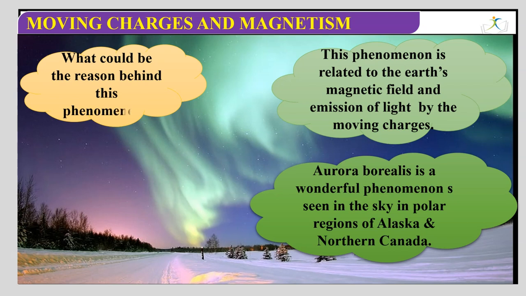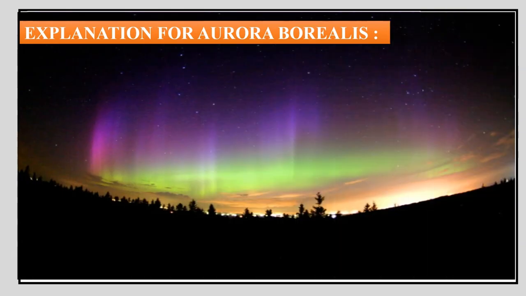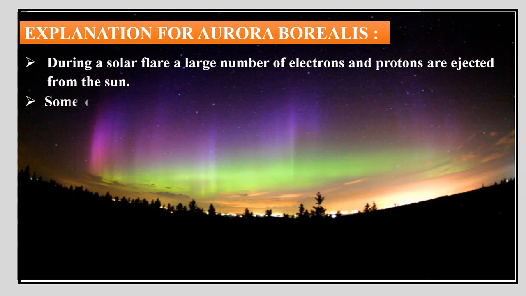What could be the reason behind this phenomenon? Do you want to know? When you read the NCERT, you will get a box like this with the explanation of aurora borealis. During a solar flare, a large number of electrons and protons are ejected from the sun.